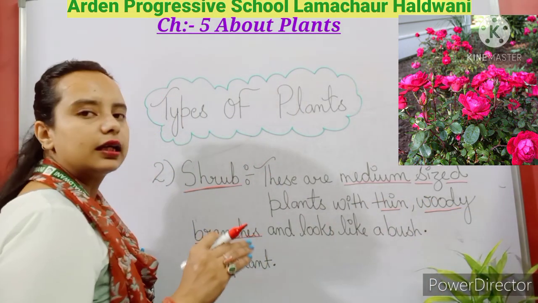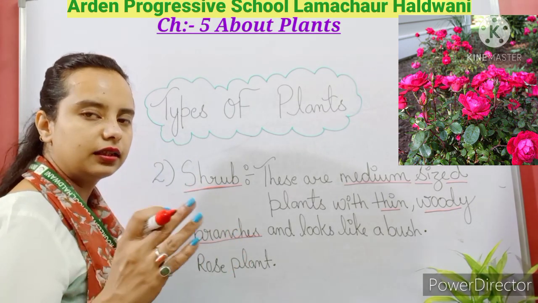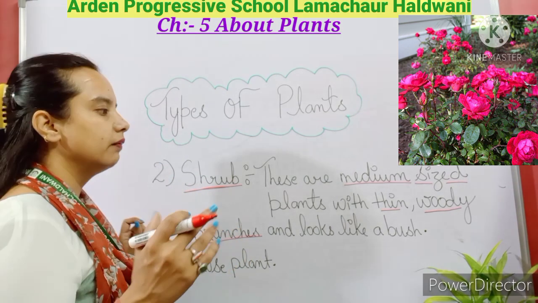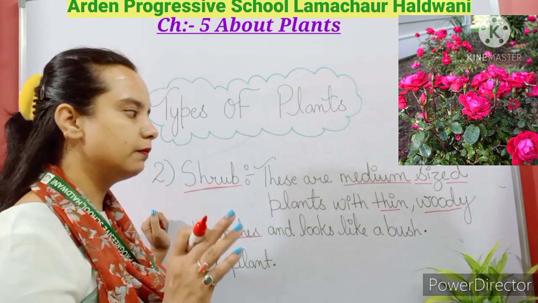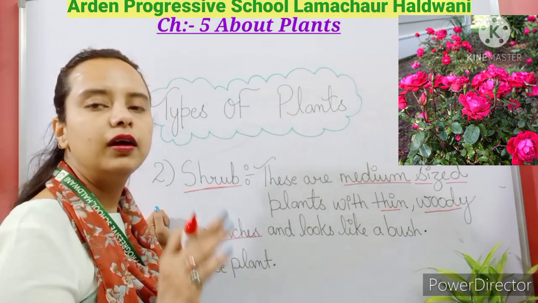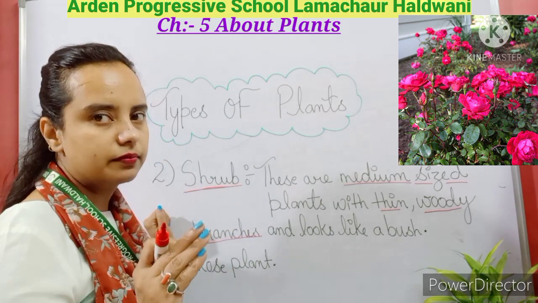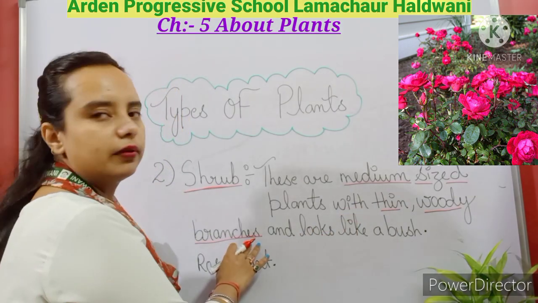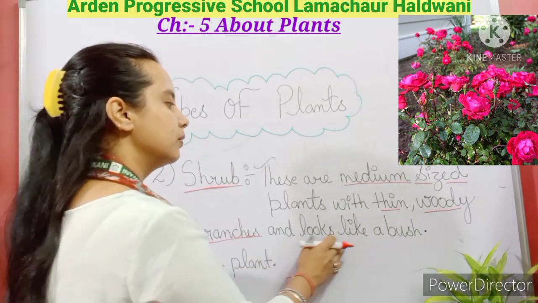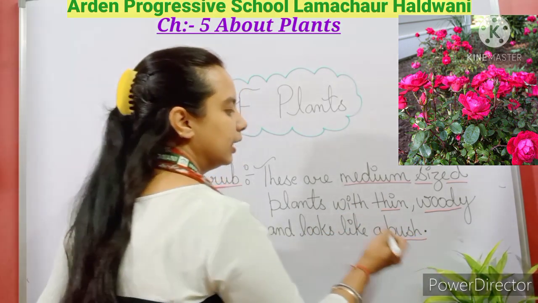We can see different branches in the shrubs. When I explained herbs, they have green and soft stems, but shrubs have thin and woody branches and look like a bush.